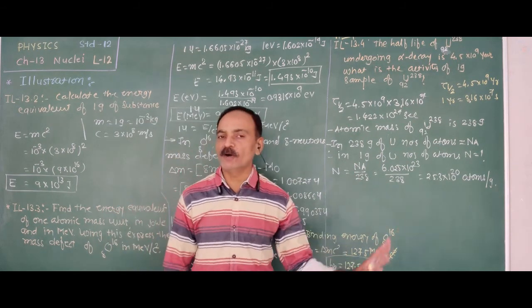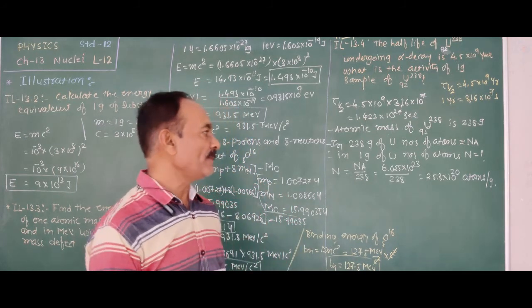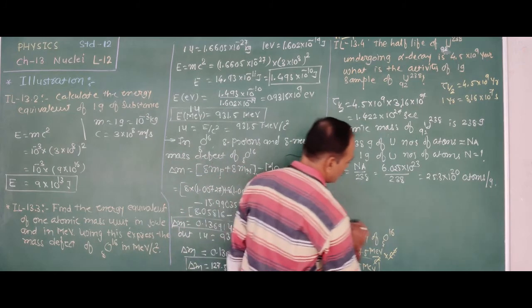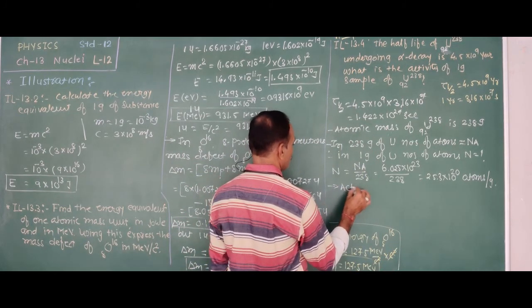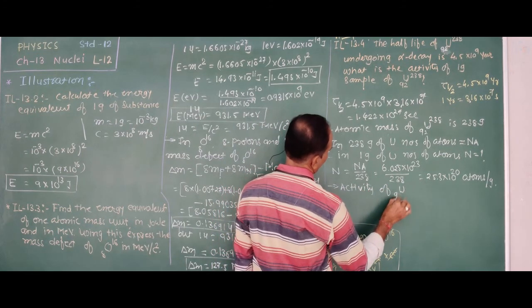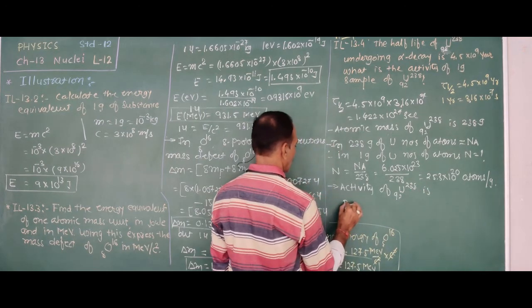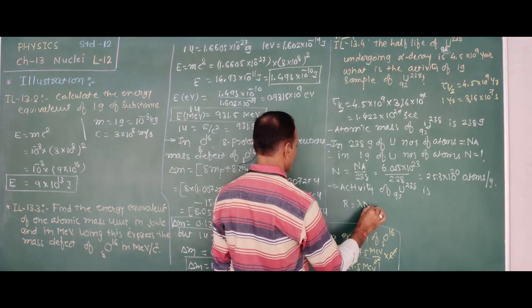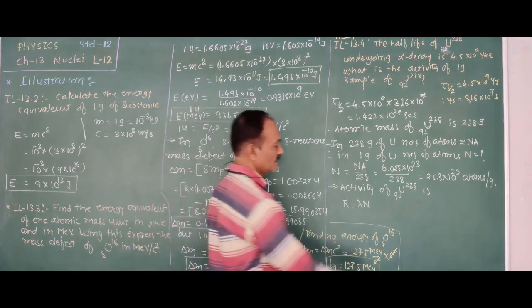After finding the number of atoms in 1 gram uranium, we have to find out the activity of uranium. Therefore, the activity of uranium-92-238 is R is equal to lambda N. Lambda is the decay constant.